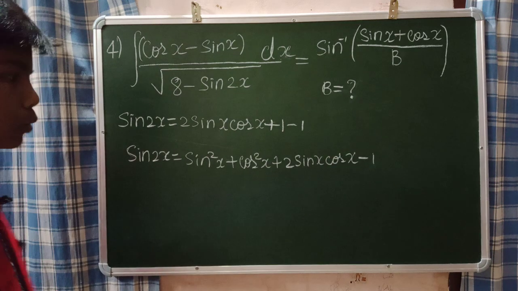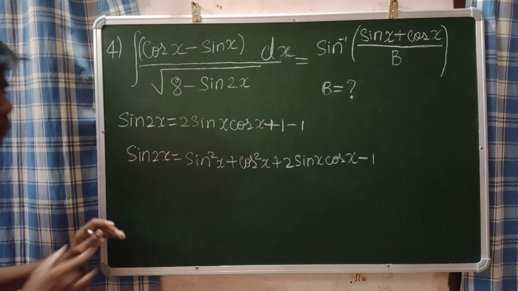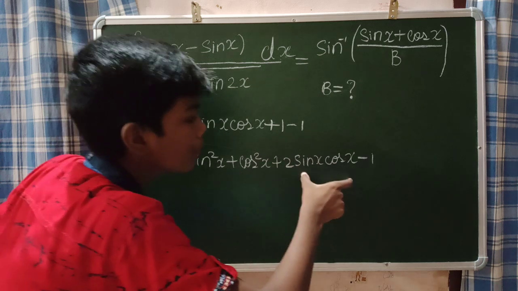Now see here, guys, this expression looks like the form a square plus b square plus 2ab.